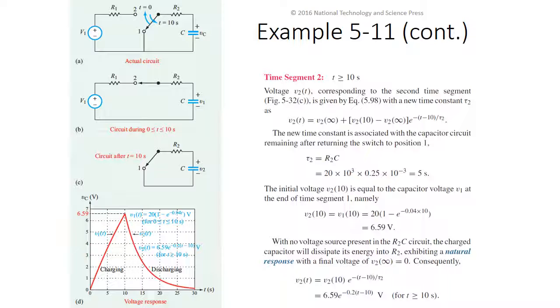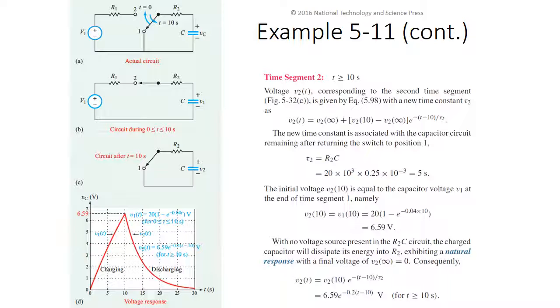And so if we look at the time segment too, so we've already calculated out that left-hand side, so now we're going to look at the right-hand side. So that's going to be at t greater than 10 seconds, what happens? And that's the discharge cycle. And we're going to be able to solve that with our initial conditions again, v2 of infinity, and then our v2 of 10 seconds, and then our v2 of infinity, e up minus t minus 10, because 10 seconds shifted over, just like we did in the previous problem.